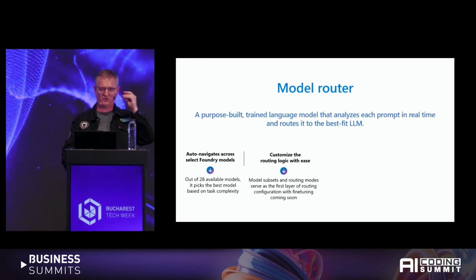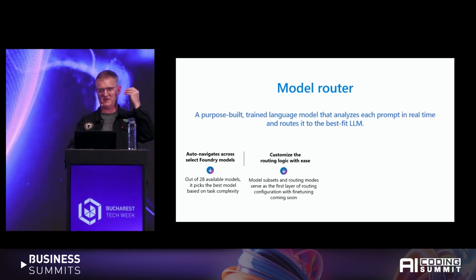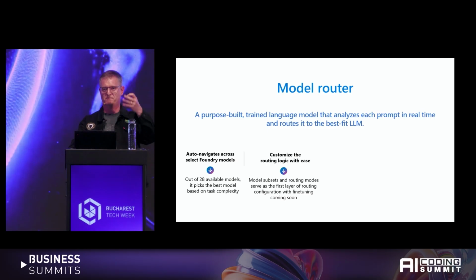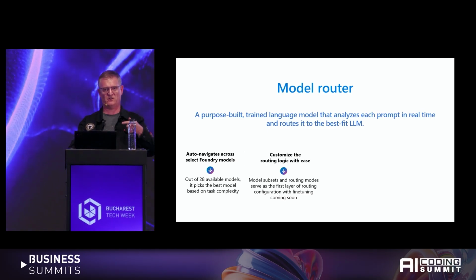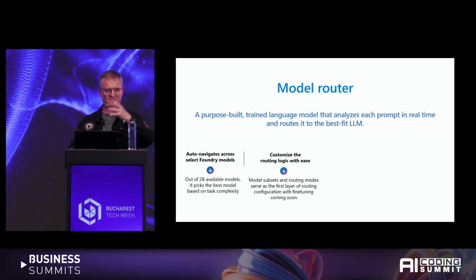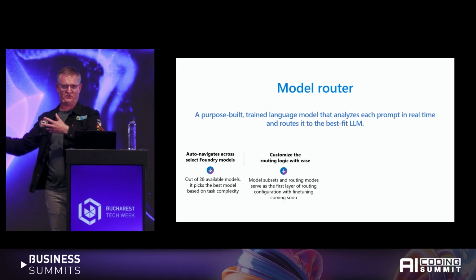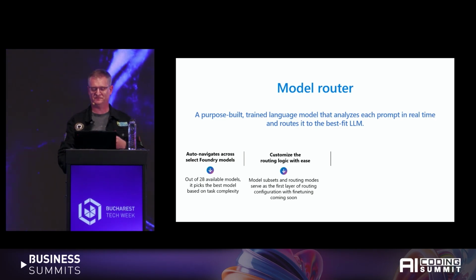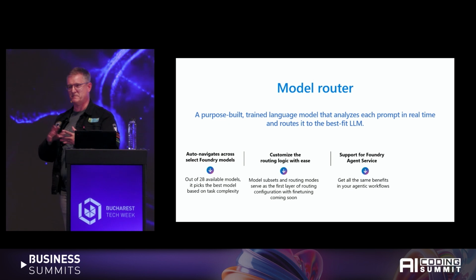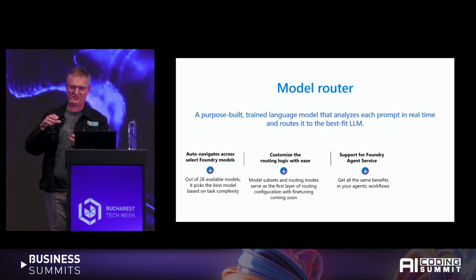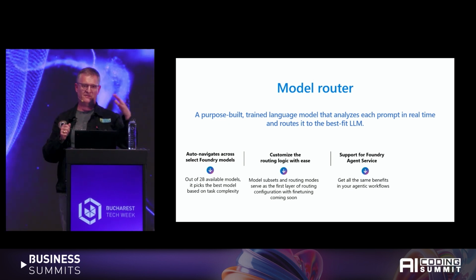It's really about that customized logic. So we've said in our algorithms, we're going to basically have 3 measures. We're going to have cost, quality, and performance. So you can select cost, quality, performance, all 28, or just a section of the 28. Again, we want it to be fully native in our applications, so it's got full support for our agent services.